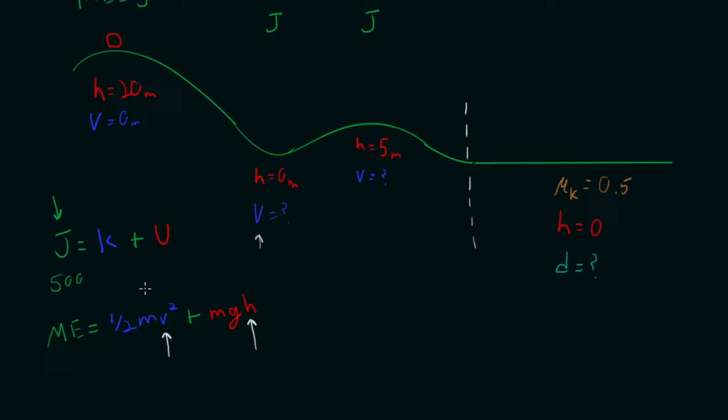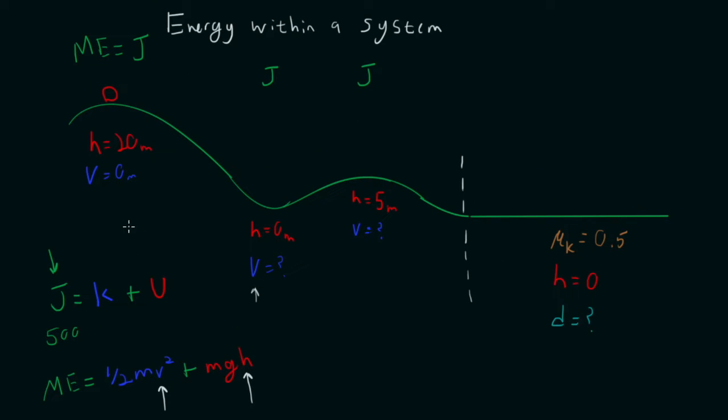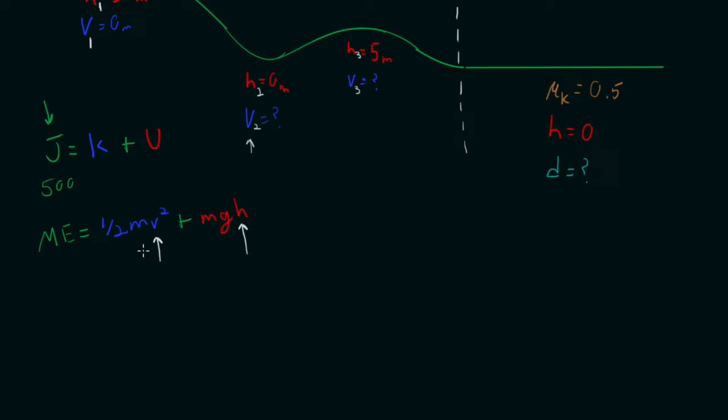So let's get started. Let's give each of these variables a number. This will be h1, v1, h2, v2, h3, v3. Since ME, my total mechanical energy, is the same at all 3 points, I can say that the kinetic energy plus the potential energy at point 1 will equal the kinetic energy plus the potential energy at point 2.